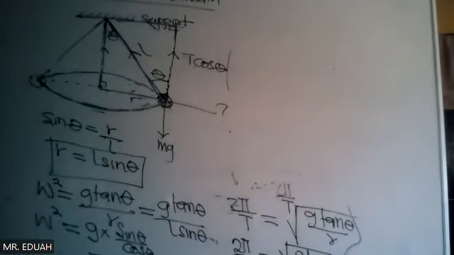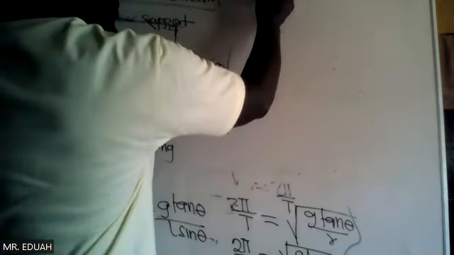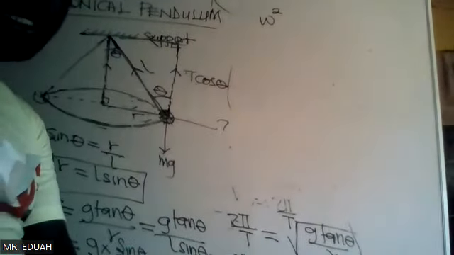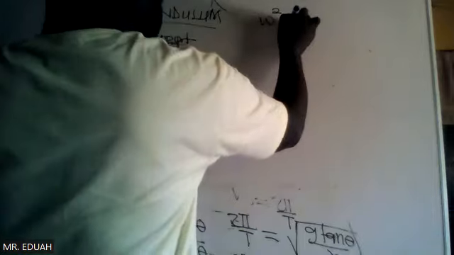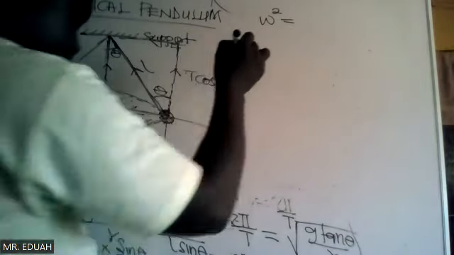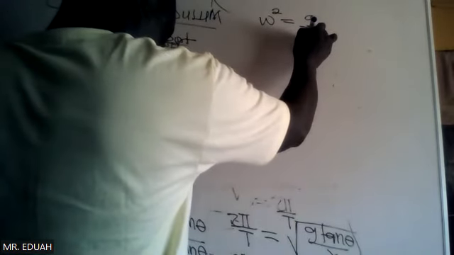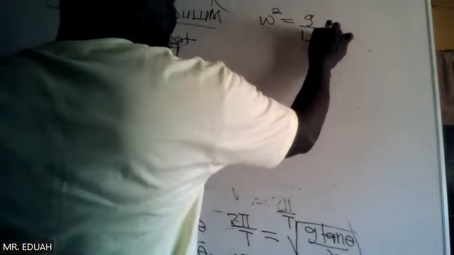So when we substitute R is equal to L sine theta, we finally have omega squared equal to g over L cos theta.